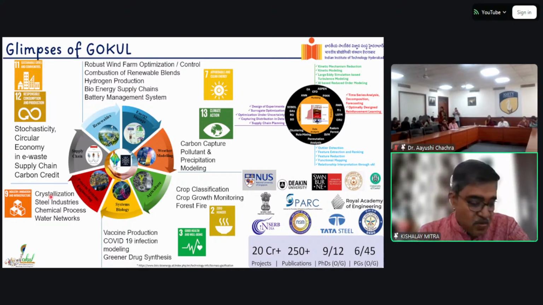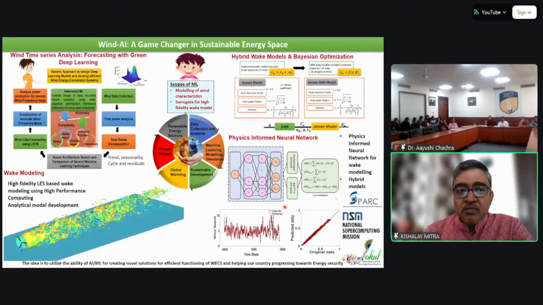So you can probably go through this slide and see that we are trying our best to spread our tentacles across various processes, just with a great motto to check the efficiency of machine learning and optimization, and how this new combination can probably improve the efficiency of such processes. On the right hand side, different aspects of ML we are working on. Okay, and these are our collaborators with the help of.